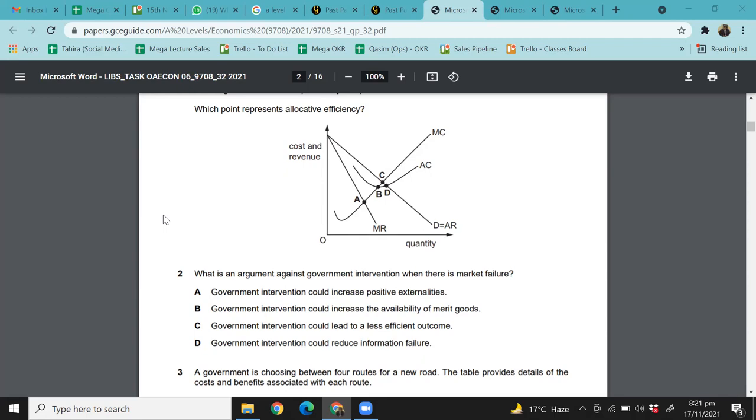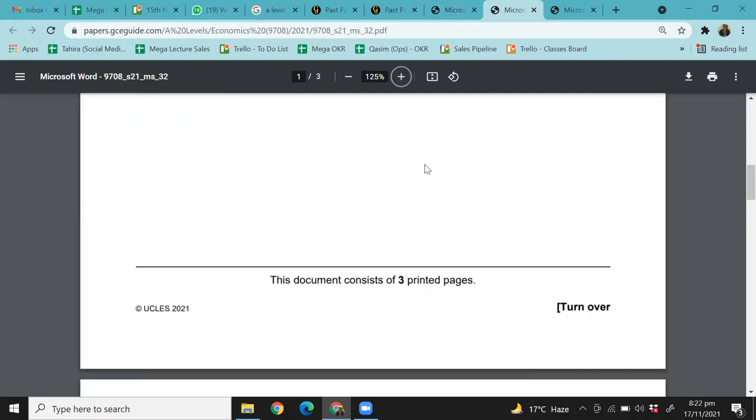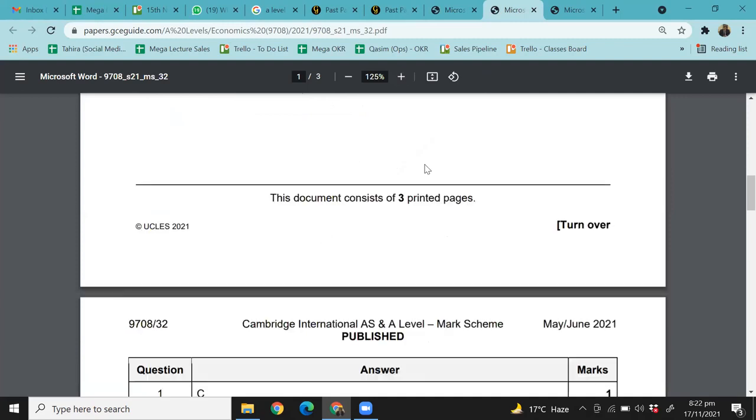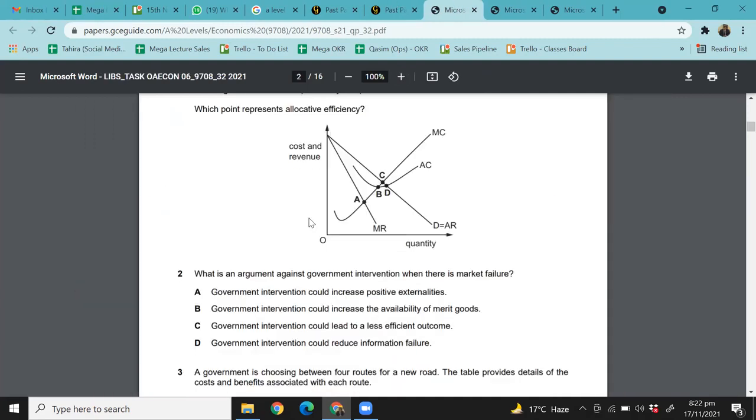Which of these statements show that the government should not intervene? It should be C because that is a negative statement. That's correct. So let's quickly check. Perfect, very nice.